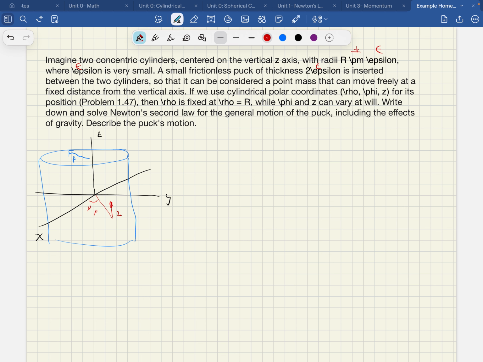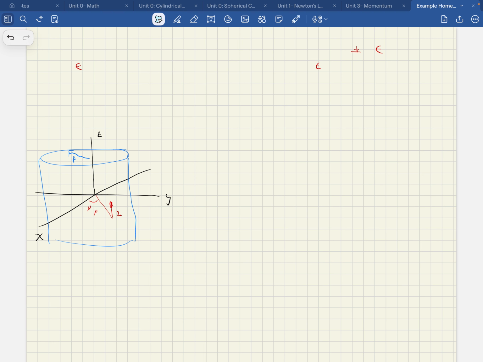Write down and solve Newton's second law for the general motion of the puck. All right, well, let's first write down Newton's second law. Newton's second law says that the net force acting on an object should equal mass times acceleration.